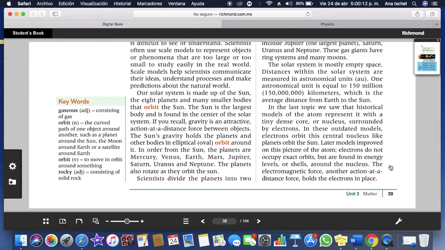Later models improved on this picture of the atom, and electrons do not occupy an exact orbit, but are found in energy levels or shells around the nucleus. The electromagnetic force, another action at a distance force, holds the electrons in place.